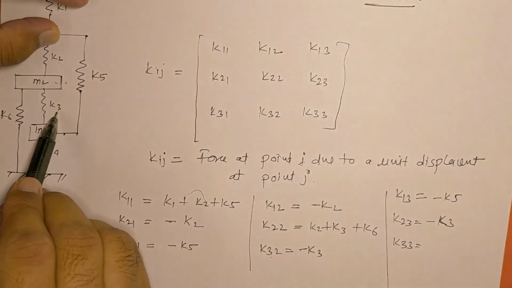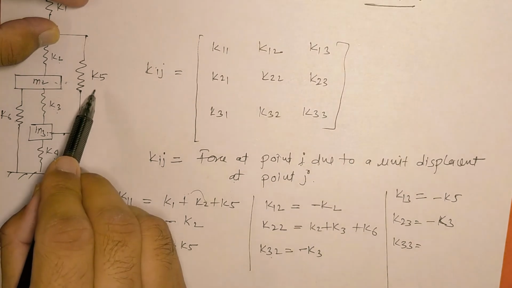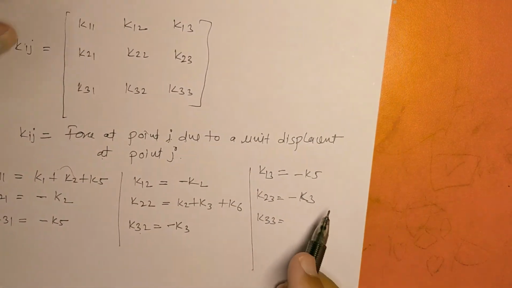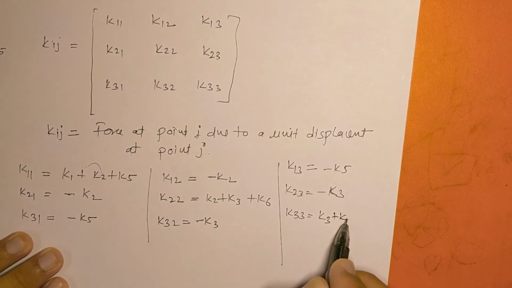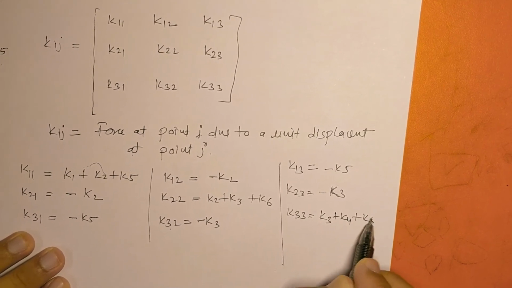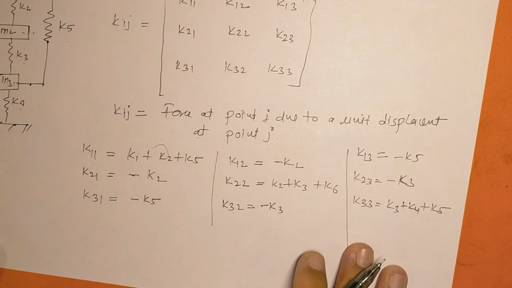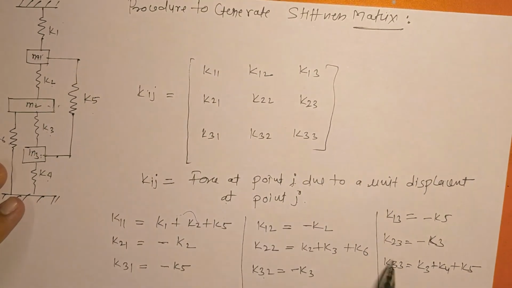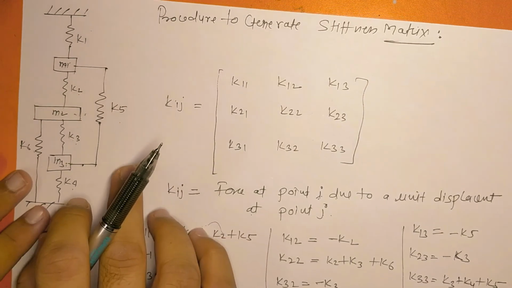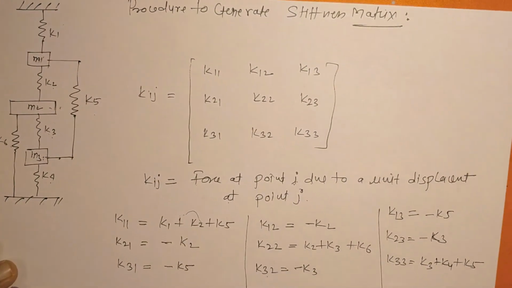So this becomes K3 plus K4 plus K5. This is how we can generate a stiffness matrix for a complex multi-degree of freedom system. So thank you.